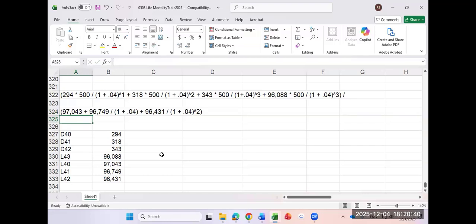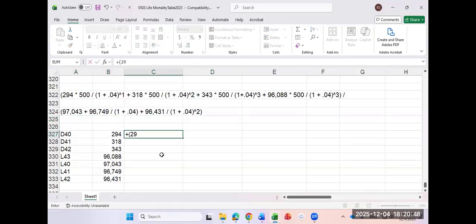And now it's how good are you with a calculator? So you just got to start plugging numbers in there. Y'all try it and see if you can do it.